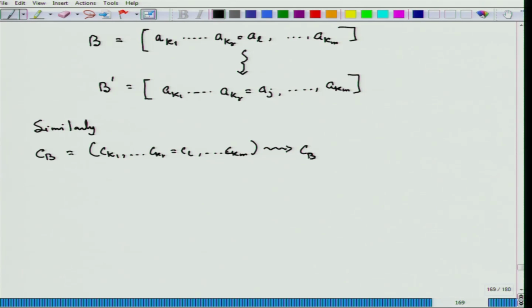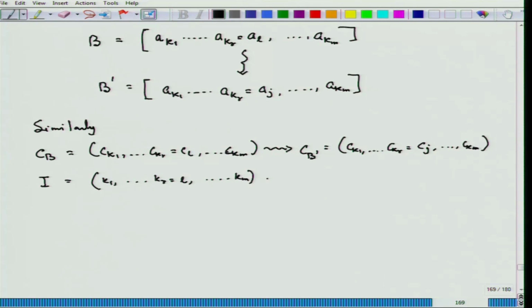This is changed to CB dash, which is exactly this. The index set I of the basis matrix will now change into this form. It was like this, and this changed to I dash, which is everything but changing the Rth number with L. Here is J.